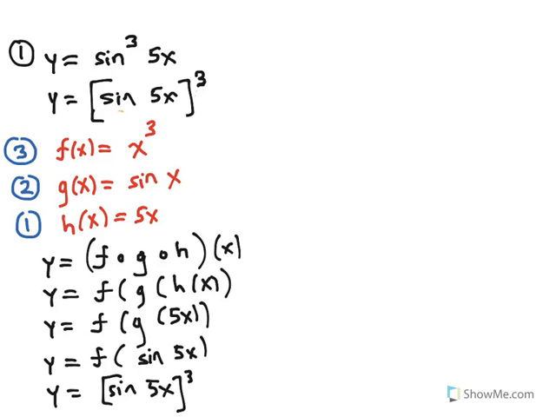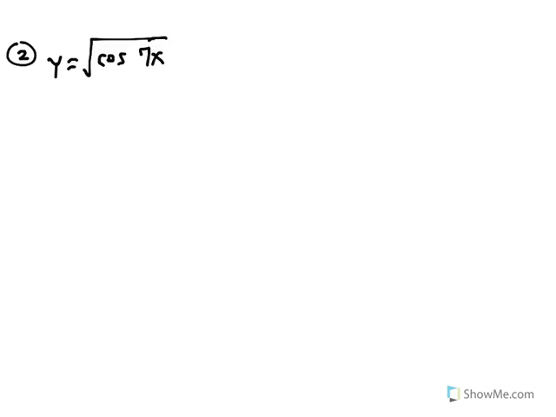Before we look at that, let's look at another example in which we will see how the individual functions are composed to give us our composite function of 3 functions. So the function for number 2 is y is equal to the square root of cosine of 7x.